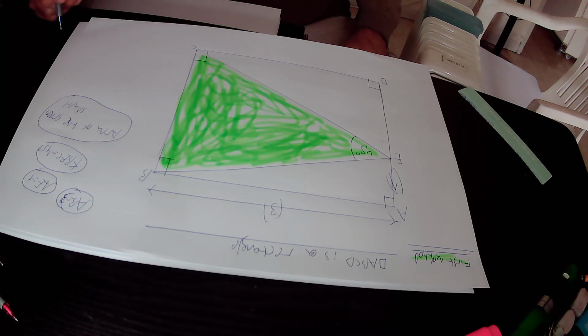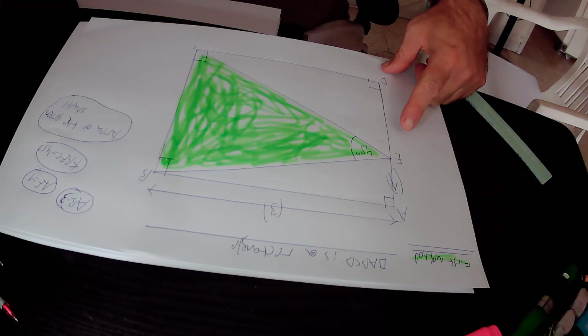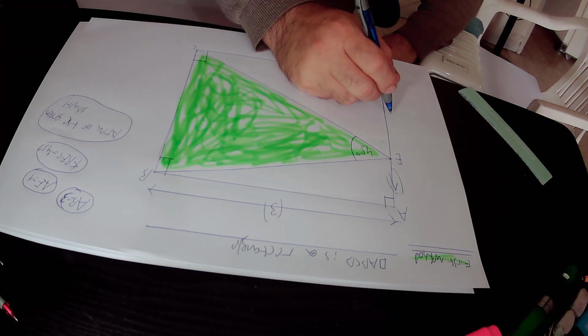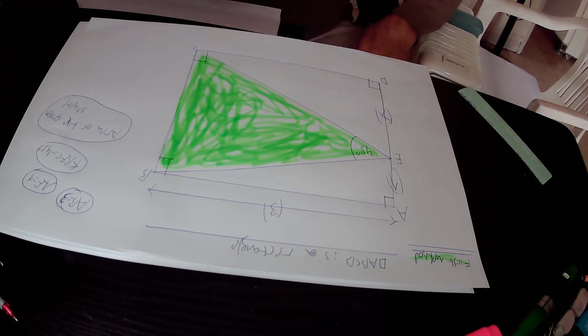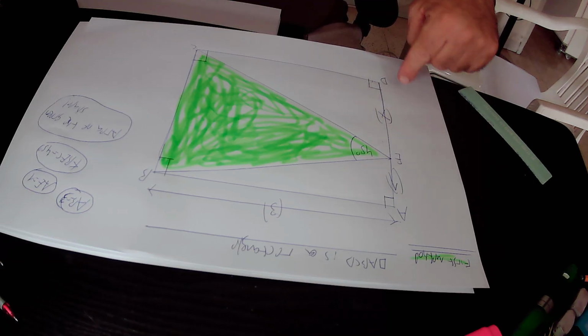In the next step, we will define the length of this line segment ED as x. So AD in total equals 1 plus x.